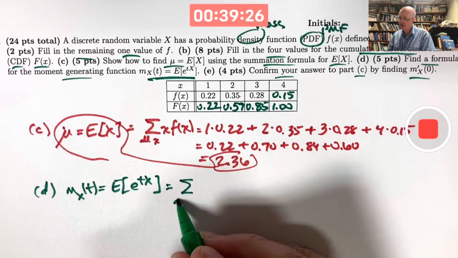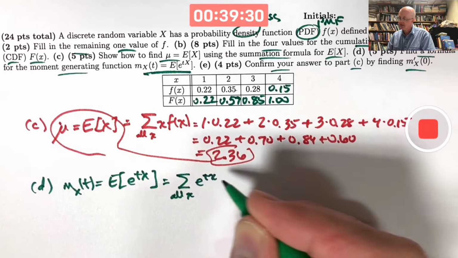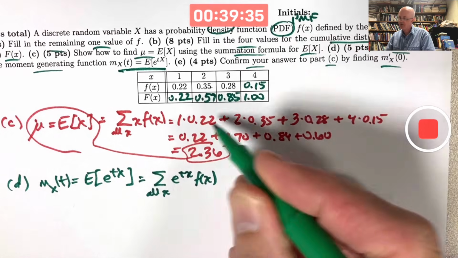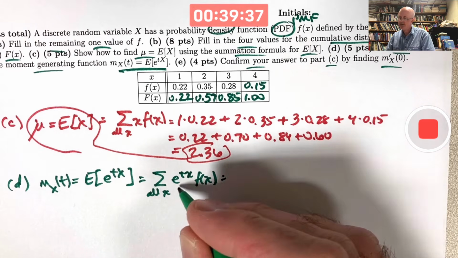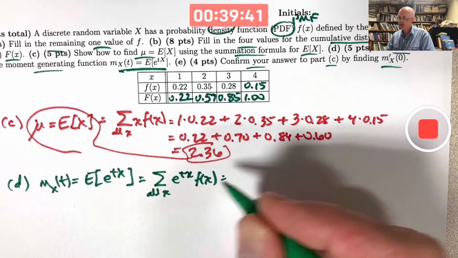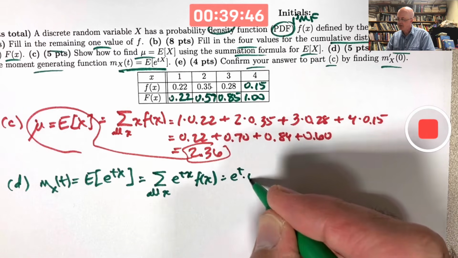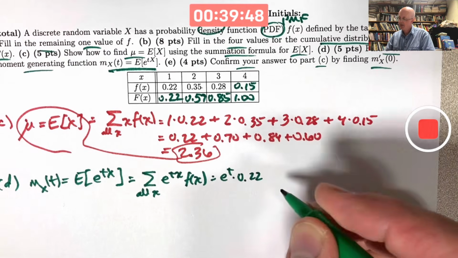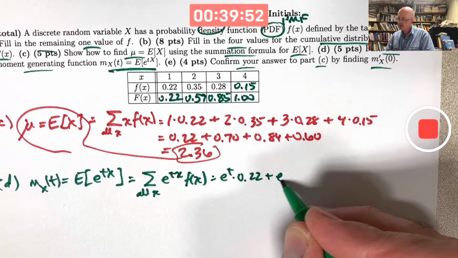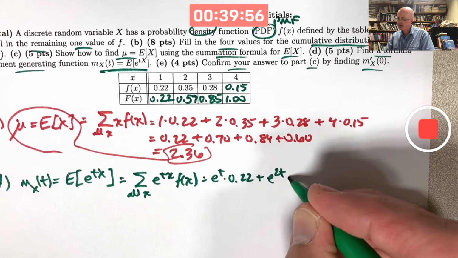As a summation over all x where little f is positive, this is going to be the sum of these values. So the probabilities are the same as they were in part C. It's these things that are different. First value of x is 1. So this becomes e to the t times the corresponding probability, 0.22, plus next value of x is 2, e to the 2t, replace x with 2, times 0.35.